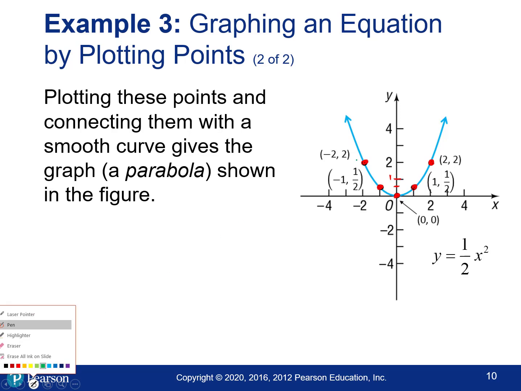I wouldn't say, okay, there's a point there, and then go here, and there, and there. See how I made some jagged marks here? You wouldn't do that. You want to make it smooth when you draw your graph, and then that's going to be the graph of your equation. So we have what's called a parabola on this one. It's a parabola shape.